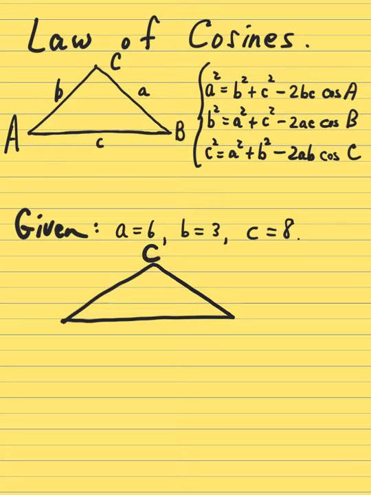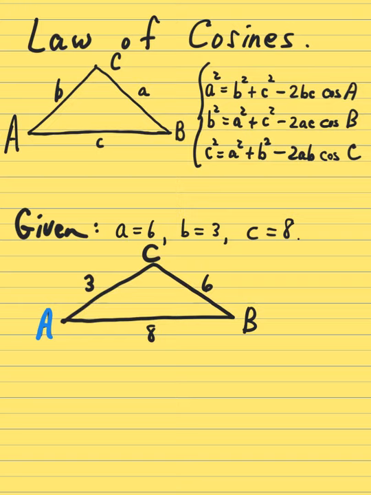All right, so we got 8, 6, and 3. Again, not drawn to scale, but just drawn so we can at least get the sides labeled. Let's suppose we want to find angle A first. That one would be the top equation in the braces towards the top right of your slide.